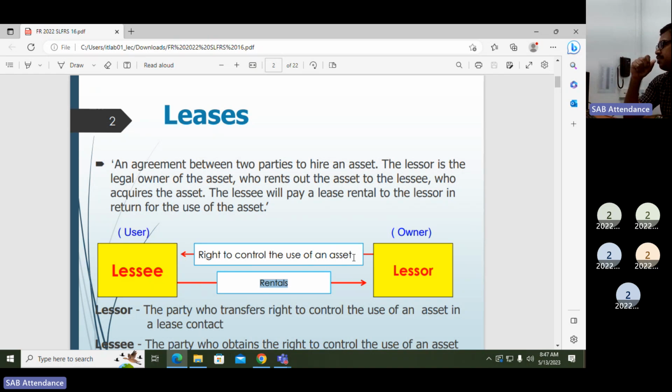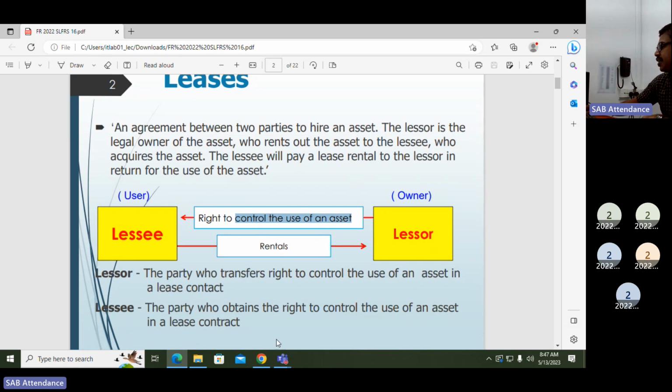It's a lease, because the right to control the use of an asset is transferred from one party to another. The party who transfers the right to control the use of the asset is the lessor. The party who obtains the right is the lessee. So here the legal owner is the lessor, but the actual user is the lessee.